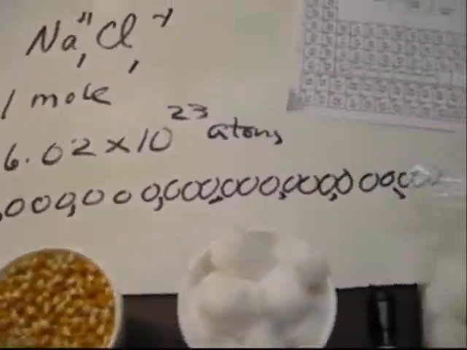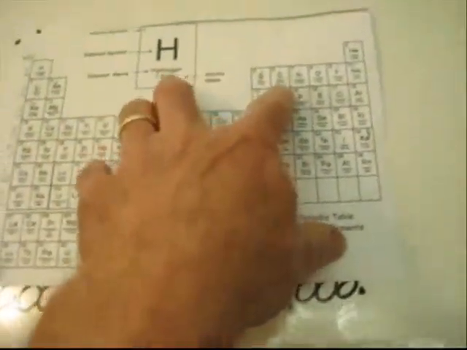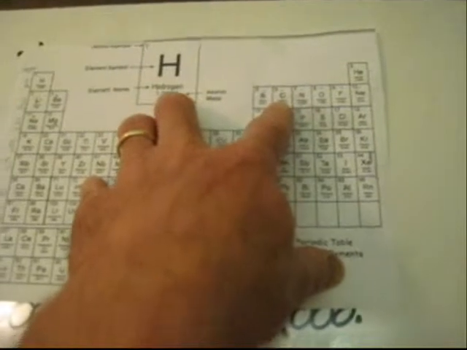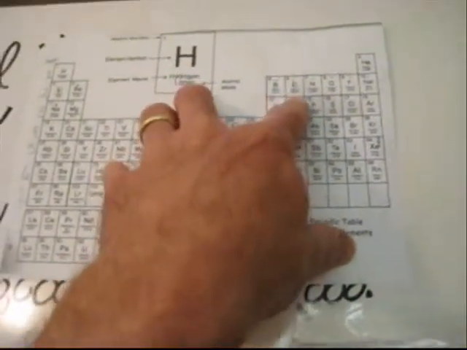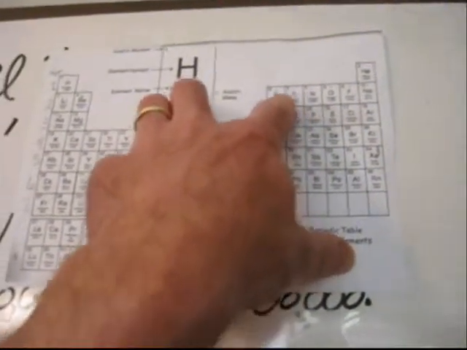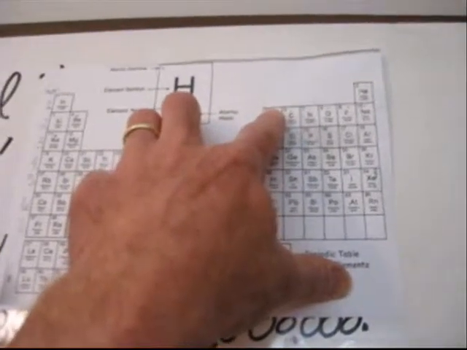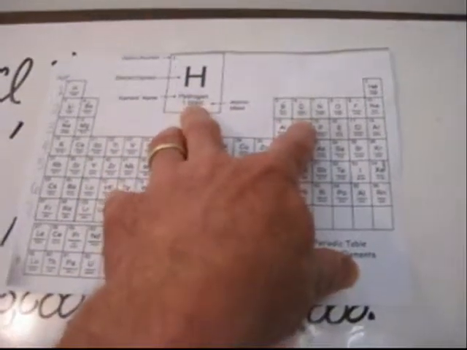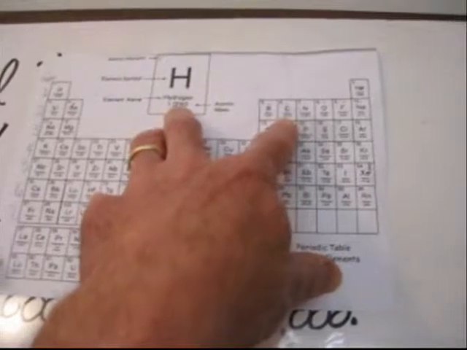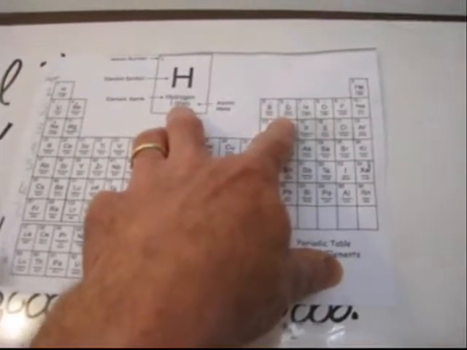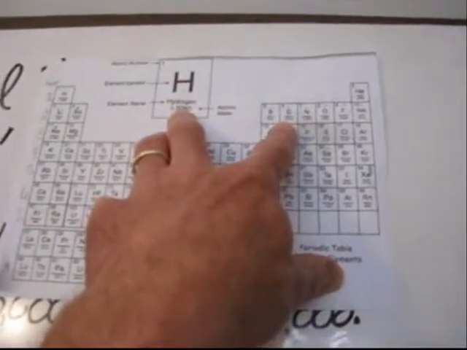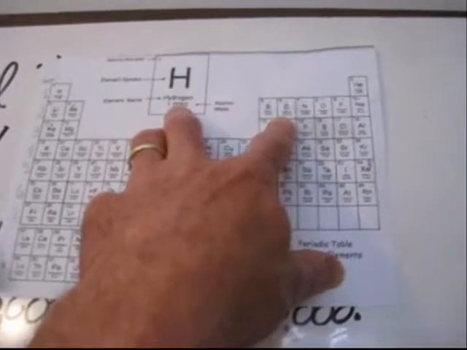And at this point, you can take your students to the periodic table and just start with carbon and tell them that the atomic mass number, okay, not the atomic number, which was 6 in the case of carbon, but the atomic mass number, which is usually the decimal number, tells you the number of grams it takes to make 1 mole of that element.